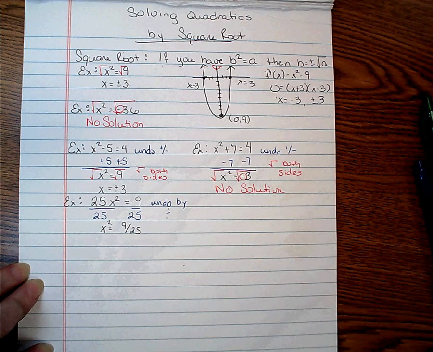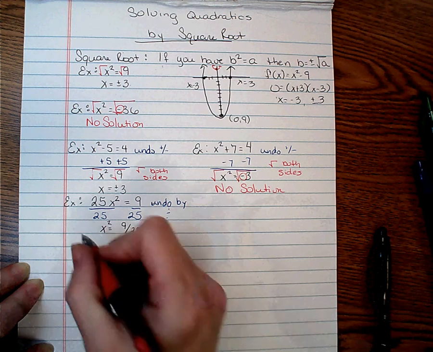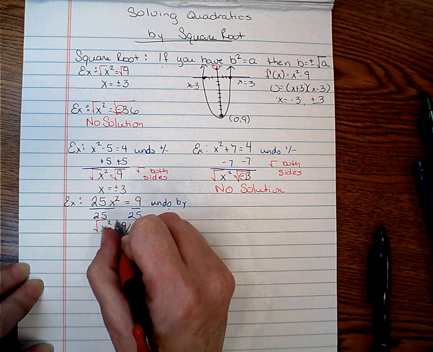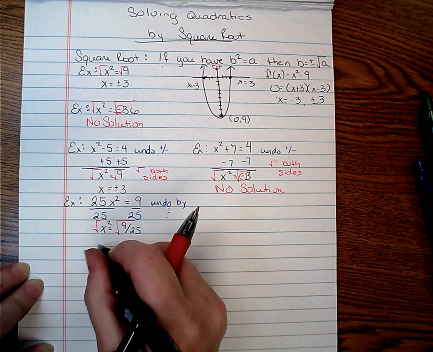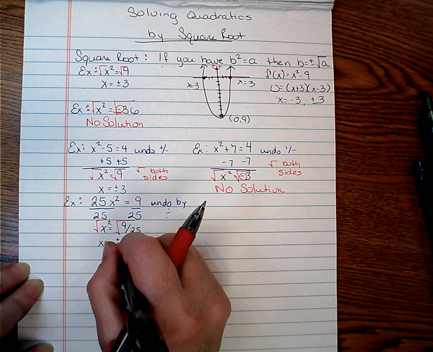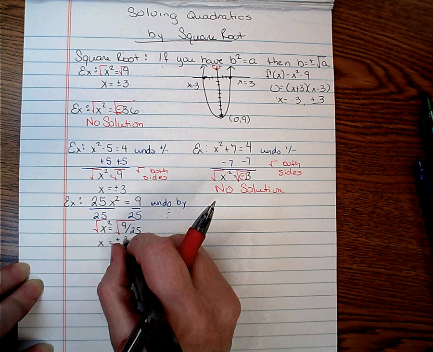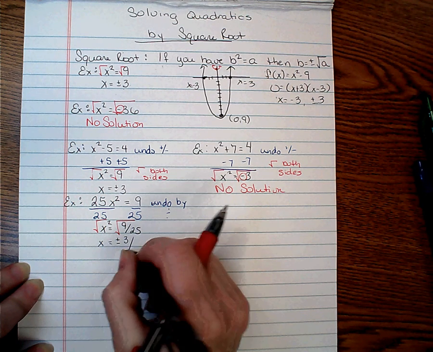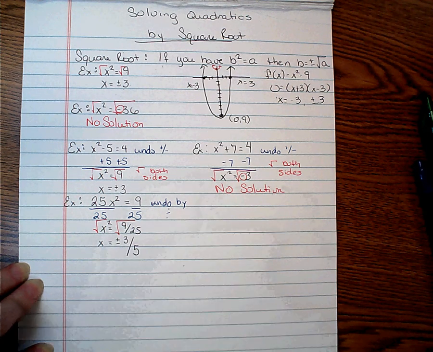Now both of those are perfect squares, which means both of them are going to give me a whole number. So we get x equals plus or minus the radical of 9, which is 3, and the radical of 25, which is 5. So my answer is plus or minus 3 over 5.